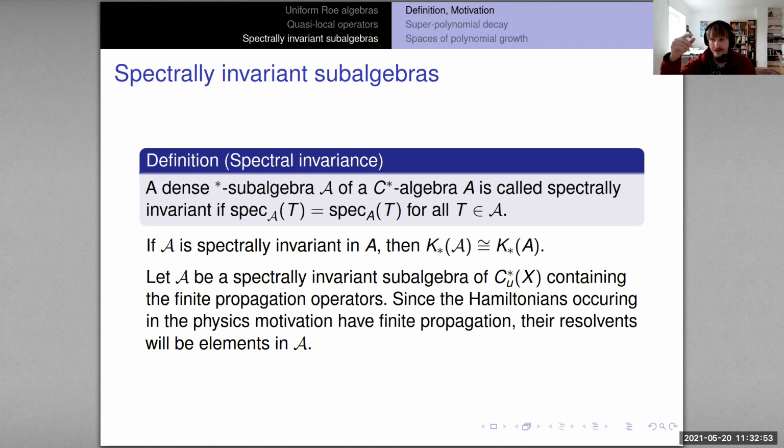The Hamiltonians that we considered at the beginning, the interacting particles, since they have finite propagation, the resolvents will be elements in every spectrally invariant subalgebra. So therefore, if you find a spectrally invariant subalgebra, then you immediately get information about the resolvents of finite propagation operators.